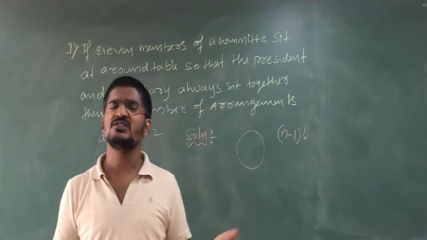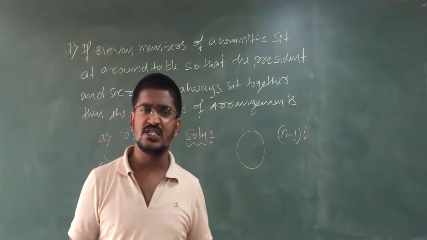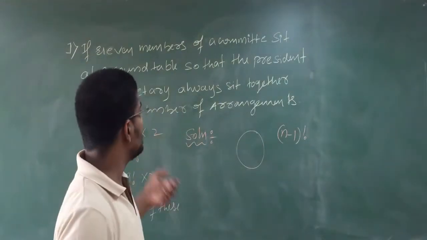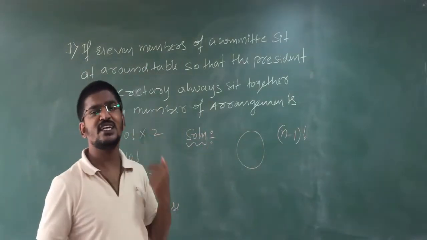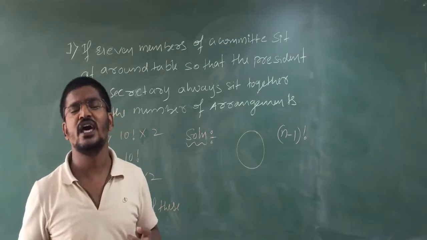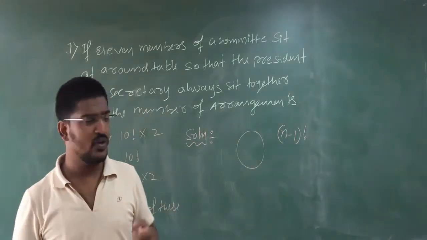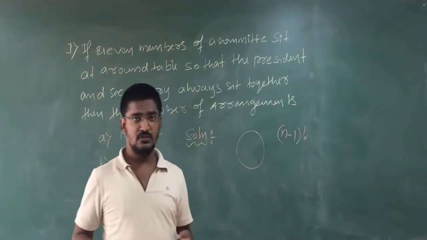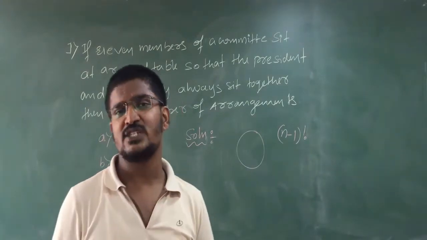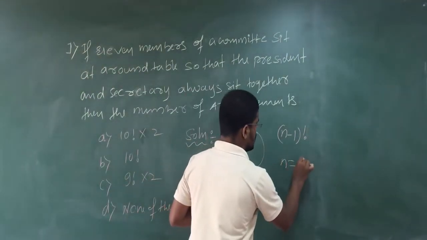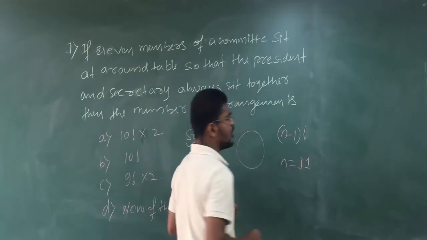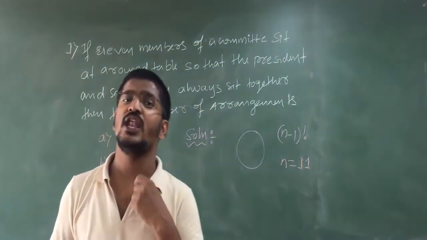That means we are arranging different elements in circular order. So for that we know the formula, that is (n minus 1) factorial. So here what is n? n is equal to 11 in the given problem.